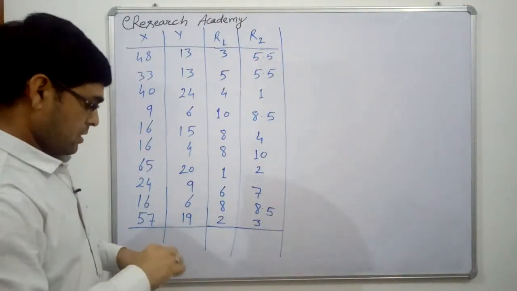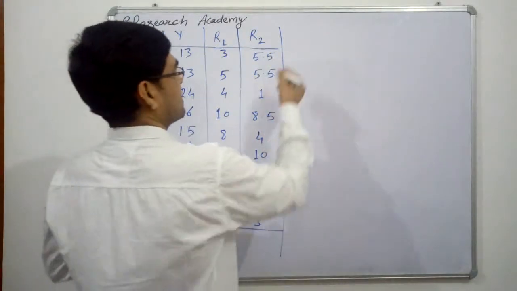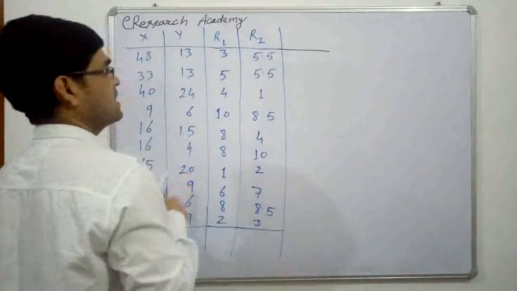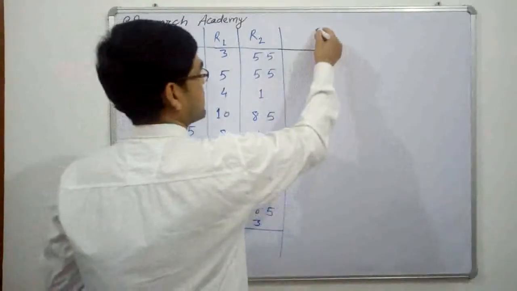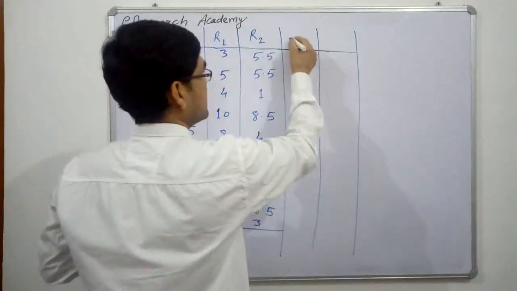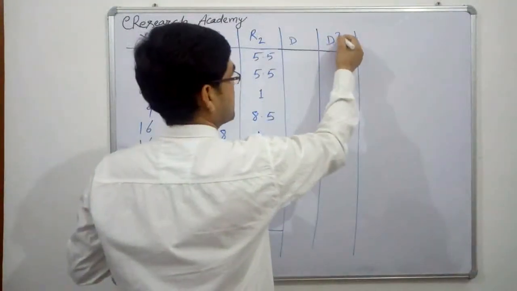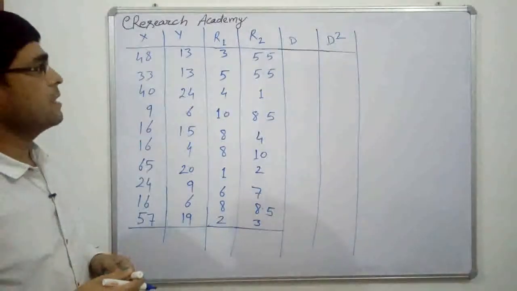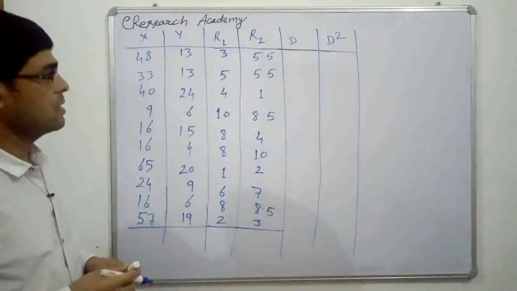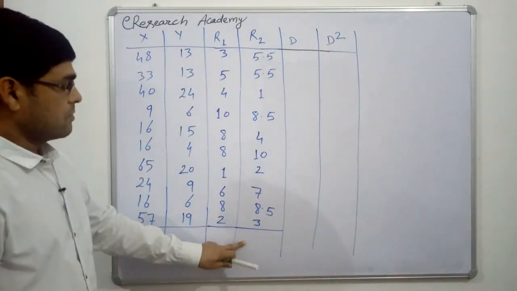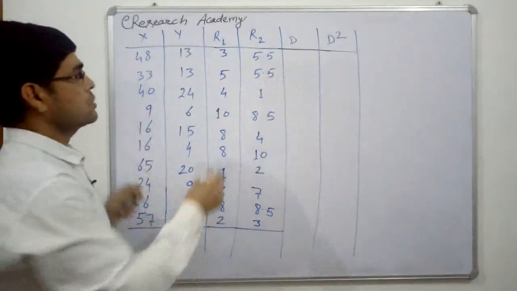Though the columns we need are the same as in the previous 2 methods, that is d and d square. Next, these 2 columns we need, d and d square, right? So just get this d and d square.